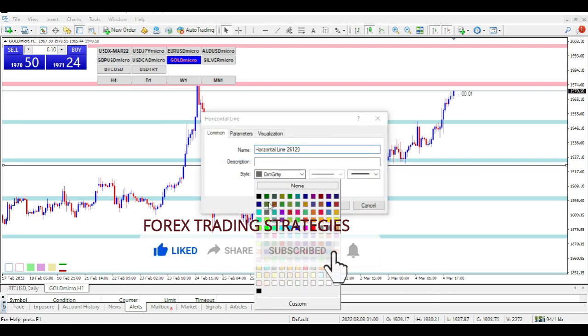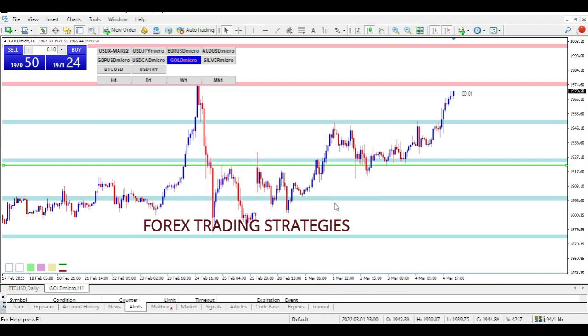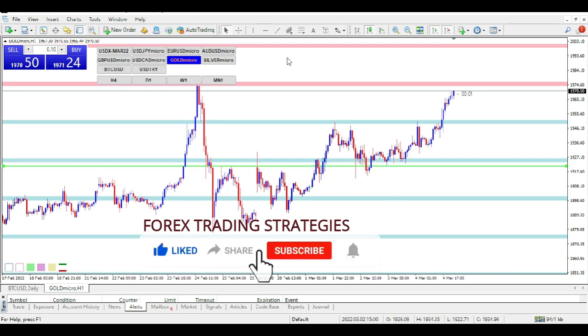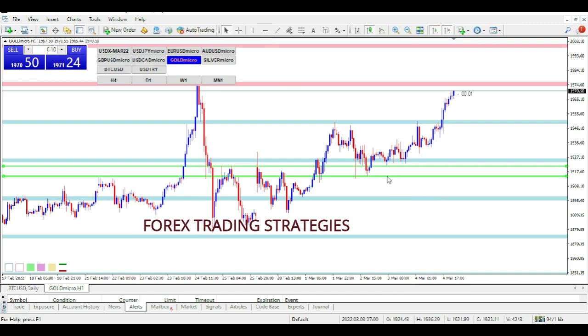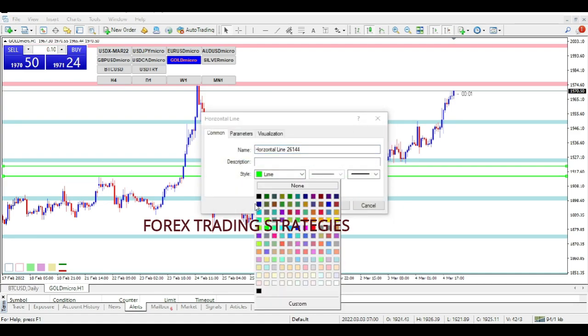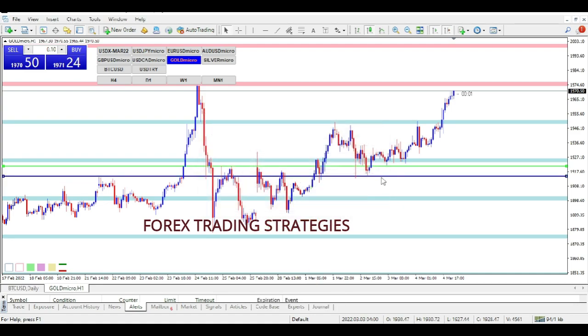Let's put a line as our entry there, and that's a sell trade. Let's say we sold. And let's make this our target.